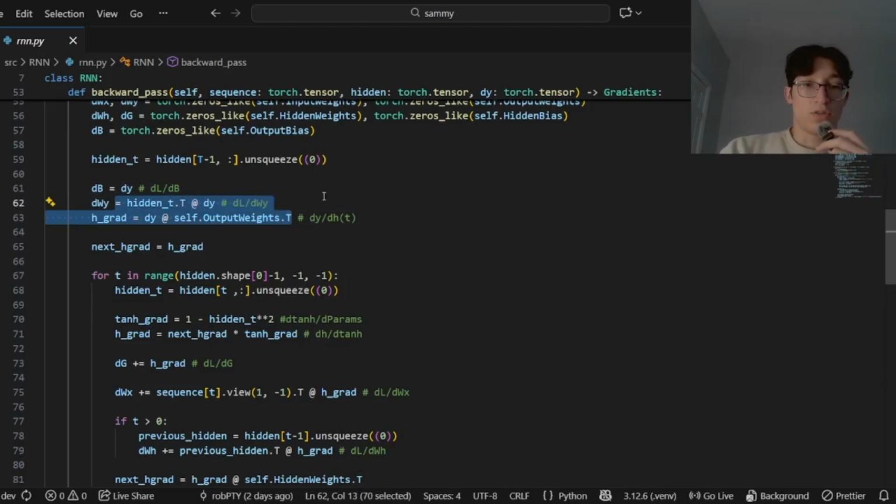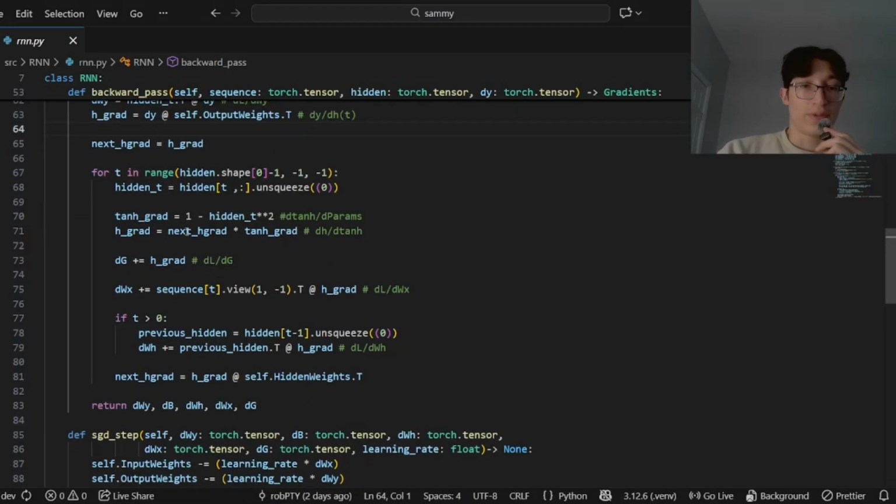So we get these two out of the way really quickly. And then finally, we can also calculate the partial derivative of the loss with respect to h of t by just taking the difference in y multiplied by the output weights. And we transpose in order to make the matrix multiplication work properly.